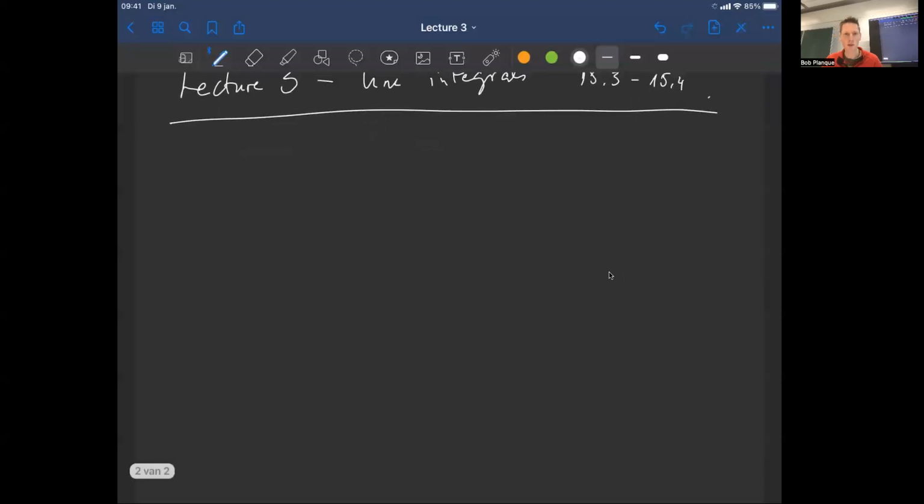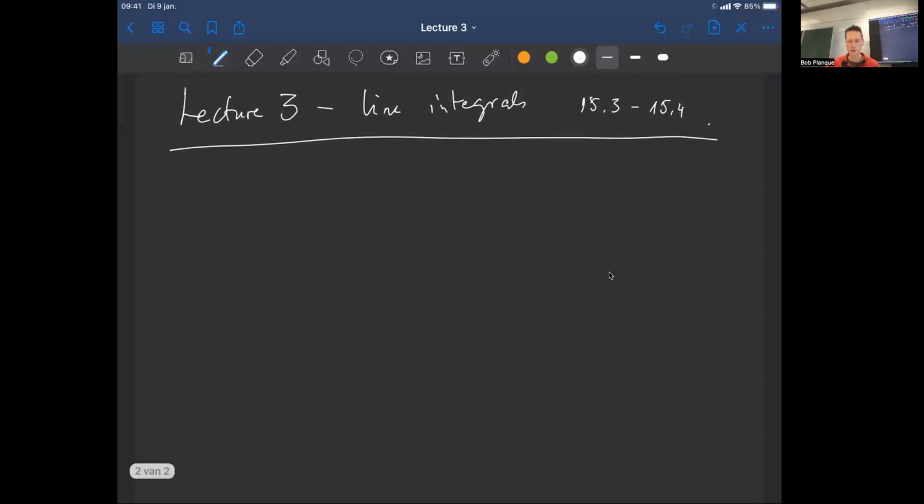Okay. So today we're going to extend the idea of a normal integral. If we write the integral from a to b of f of x dx, what we mean by that is that we have an axis, the x-axis here, and the domain of our function is between x equals a and x equals b.